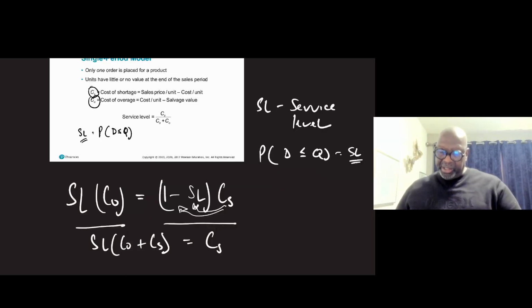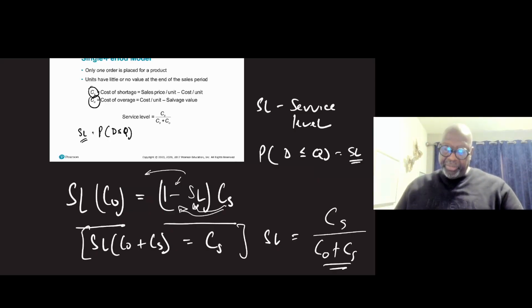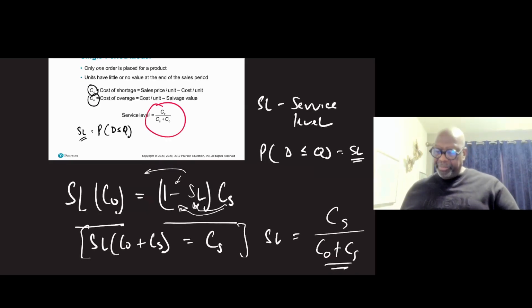Well, the negative from here will turn into a positive when I bring it to the other side, and all of that good stuff. So you should know how to do that by now. So that gives us CS. Now if I rearrange this formula and express SL, I will have SL is equal to CS over (CO plus CS). And that's the formula that you see here. That's this formula right here.